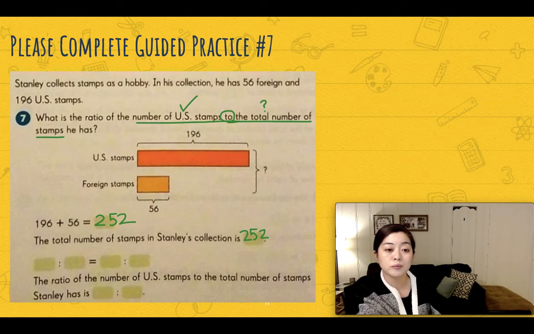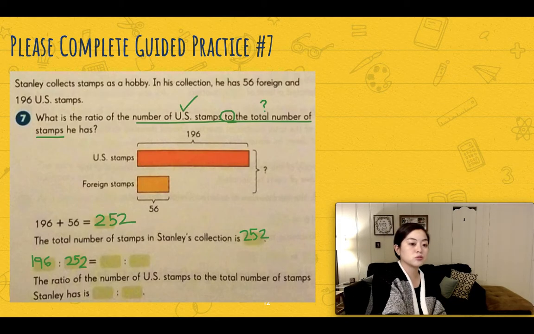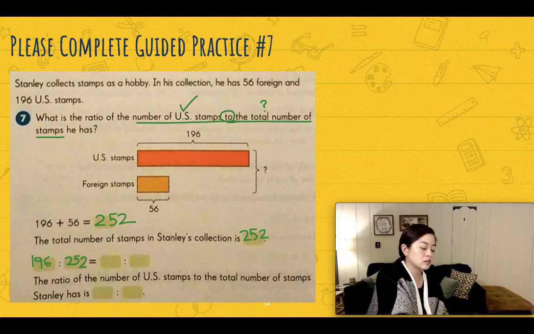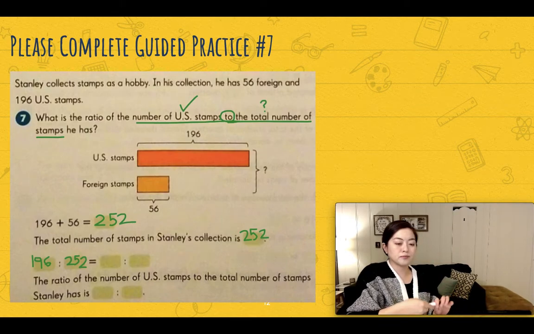So the total number of stamps in Stanley's collection is 252. Now we're ready to set up our ratio. Remember, the order is the number of US stamps to the total number of stamps, which is 196 to 252. So we need to simplify this.